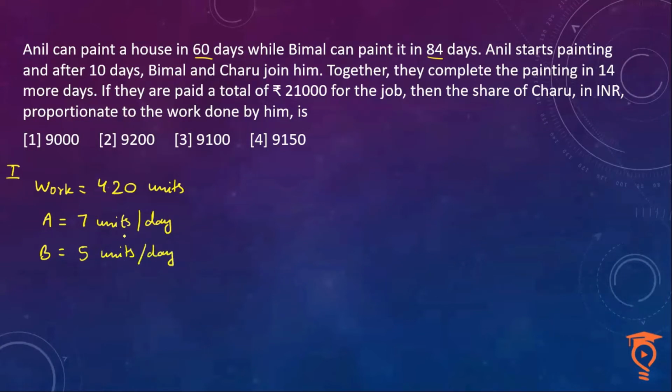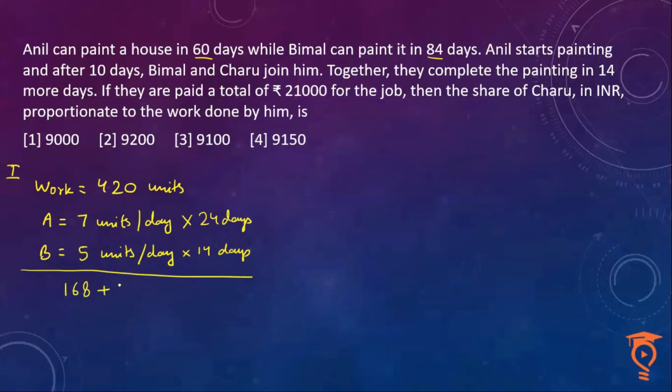Now the question says that A works for 24 days, 10 days alone in the beginning, and then 14 days along with Vimal and Charu, and B works for 14 days. Let us see how much work has been done by A and B. So work done by A would be 168 units and work done by B is 5 into 14, 70 units. So total of 238 units done.